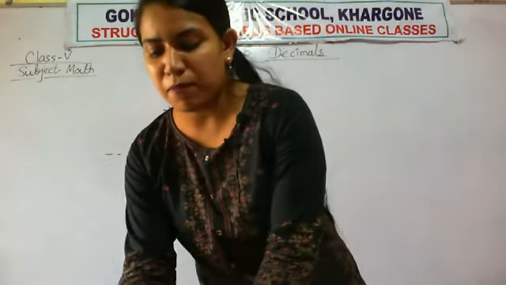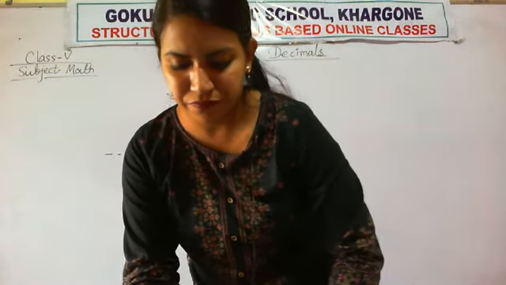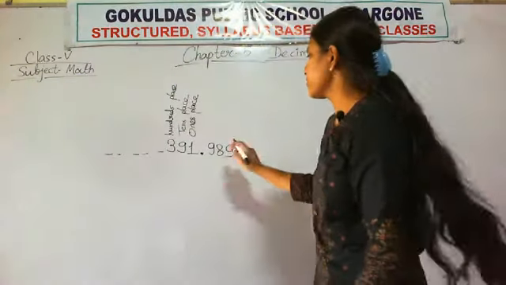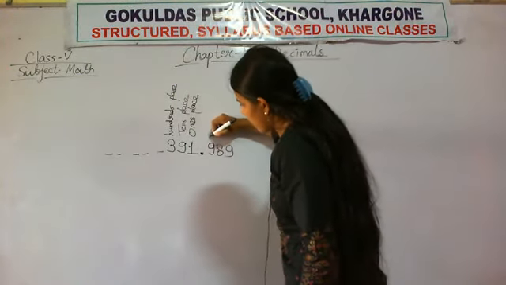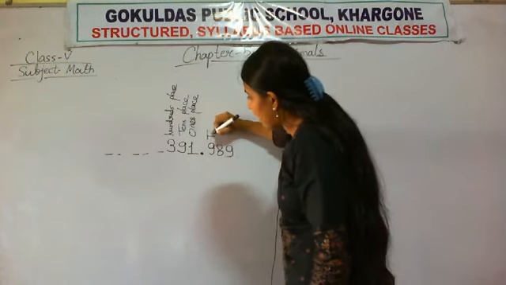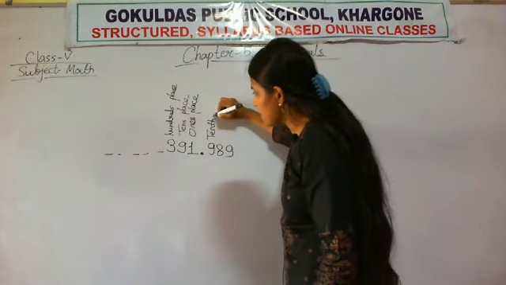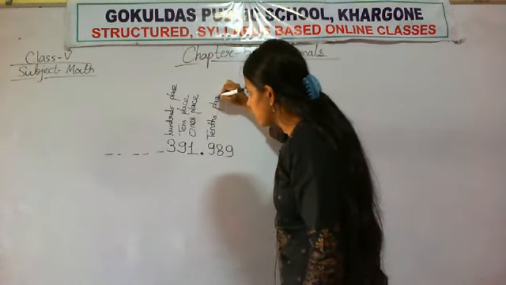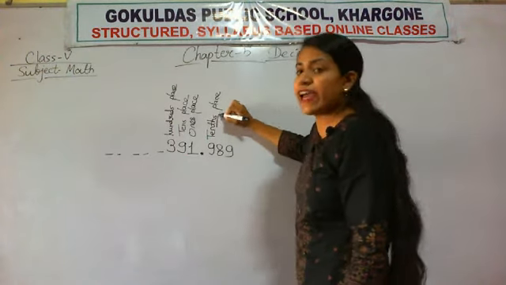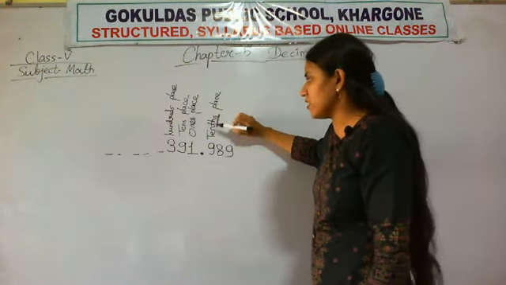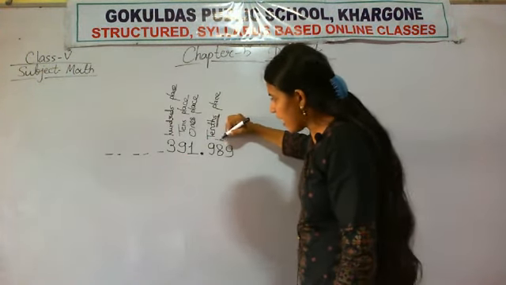So we remember, after the decimal, it is tenths place. We remember 'th' here. Then 8 is at hundredths place.